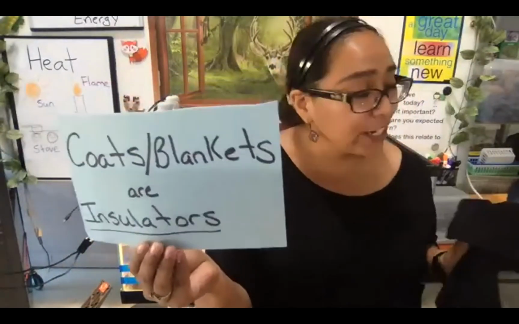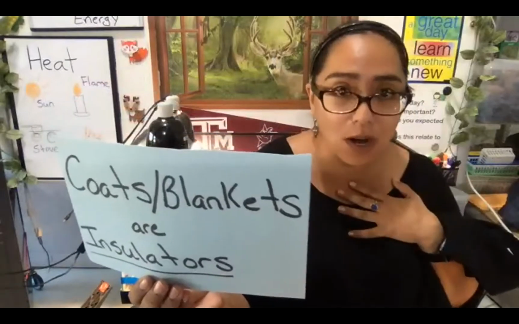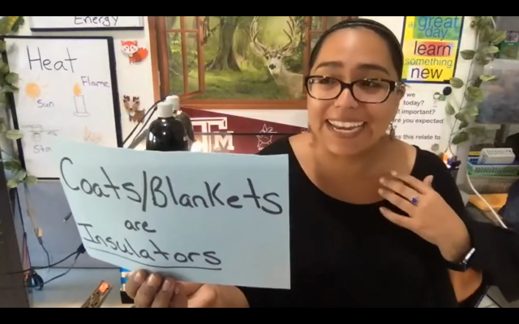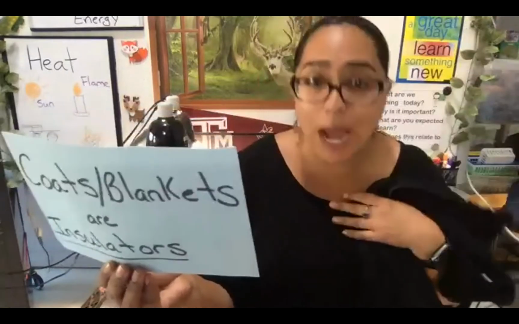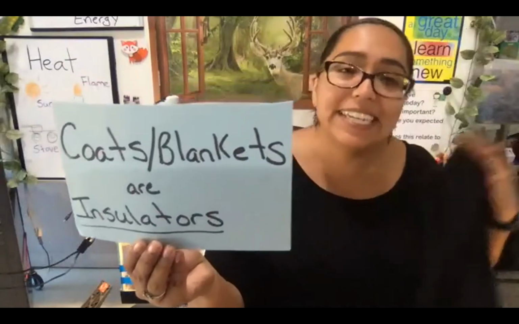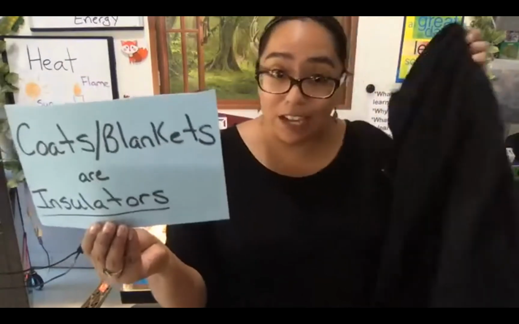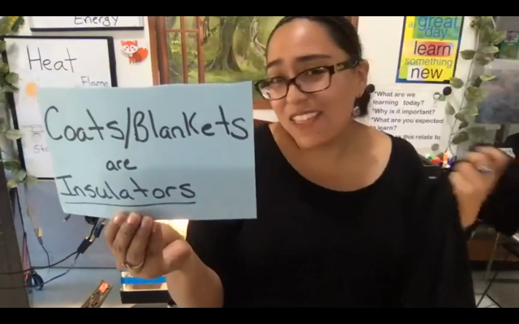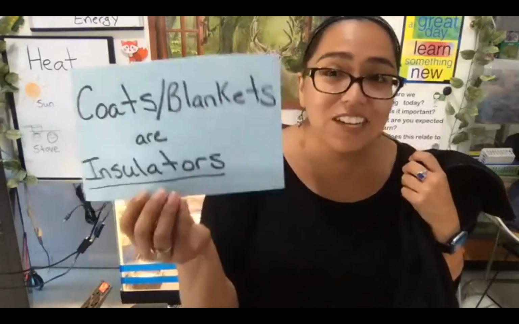They do not give off thermal energy, but they do keep us warm. Our body is supplying the heat, and then the jacket that we are wearing is simply trapping our body heat and keeping it from escaping into the cooler air. So just remember that the coats and blankets that you guys use are not a source of thermal energy. They are something different. They are just called an insulator.